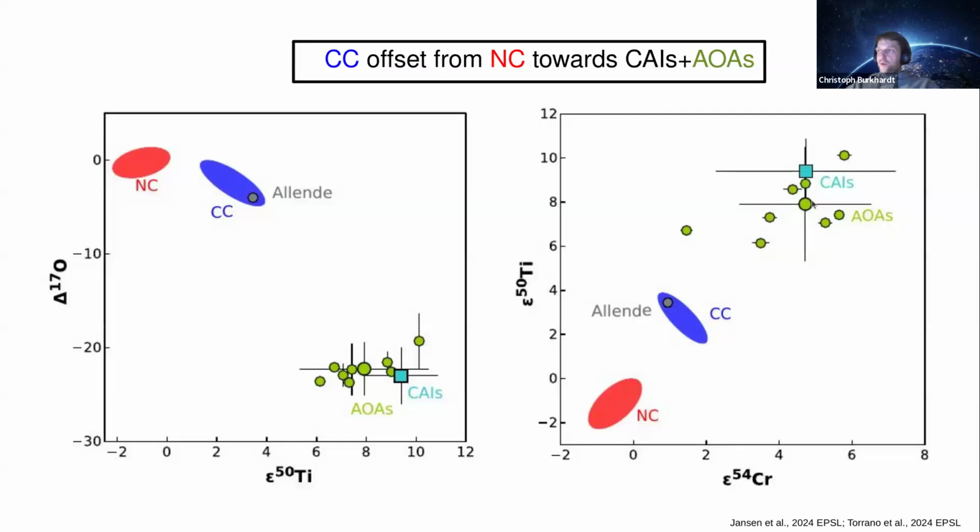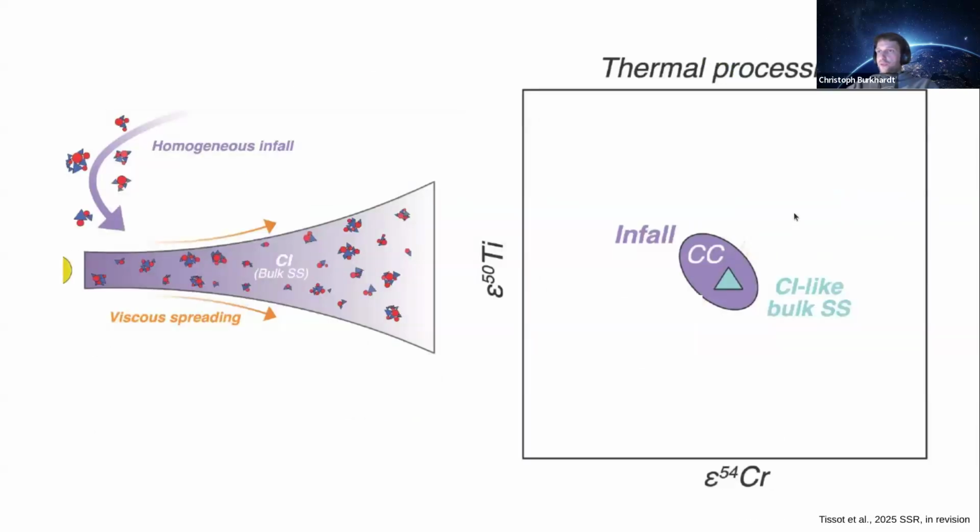There are two ways to interpret this observation, and both have been put forward in the literature. One way is, again, when we think about homogeneous infall, then we will have thermal processing, where the idea is that everything that falls in has a composition like the bulk solar system, and this is represented by CI chondrites.